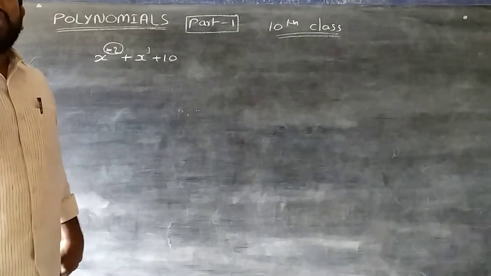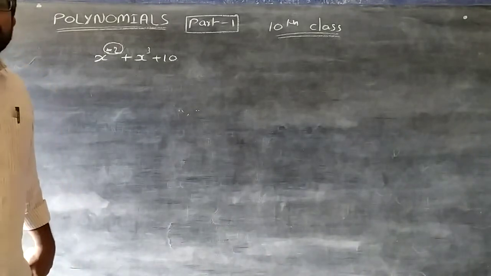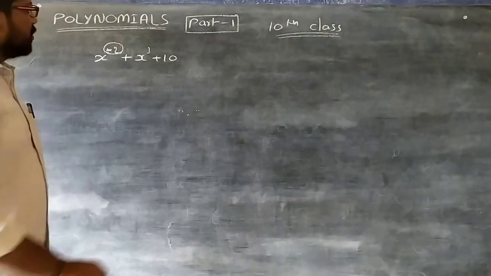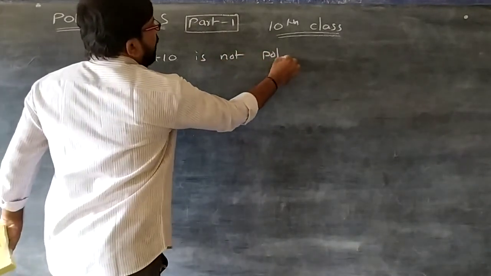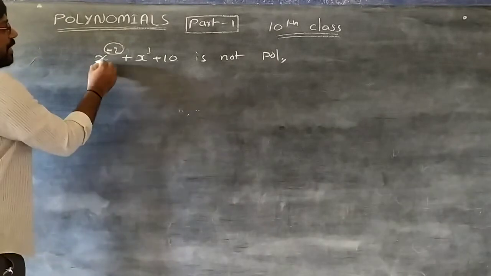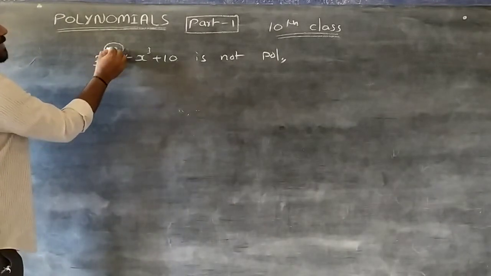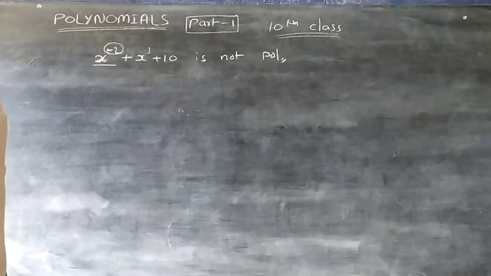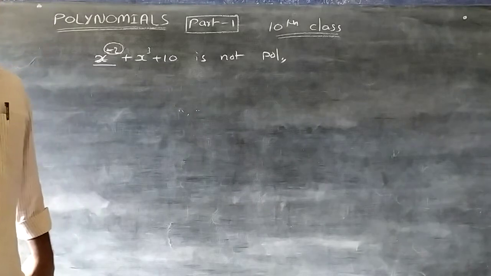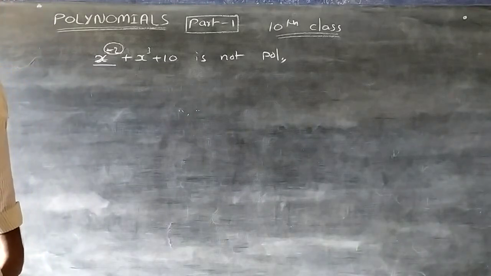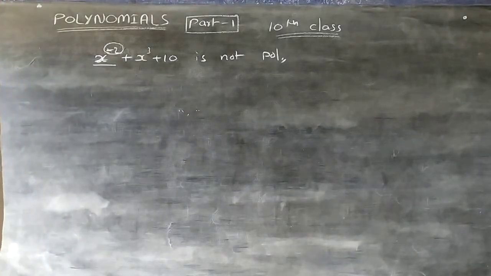It is only an expression. Because the first term has a negative integral power, it is not a polynomial. In a polynomial, the variables have only positive integral powers.